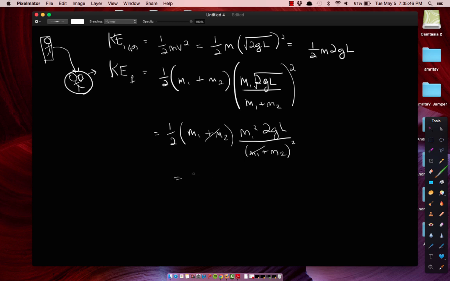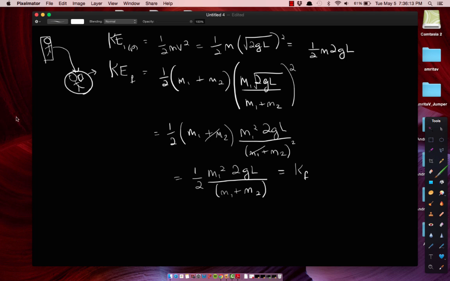So we get 1/2 m squared 2gl all over, and because there's a square on the bottom, we keep one of them on the bottom, m1 plus m2. So this is our K final.